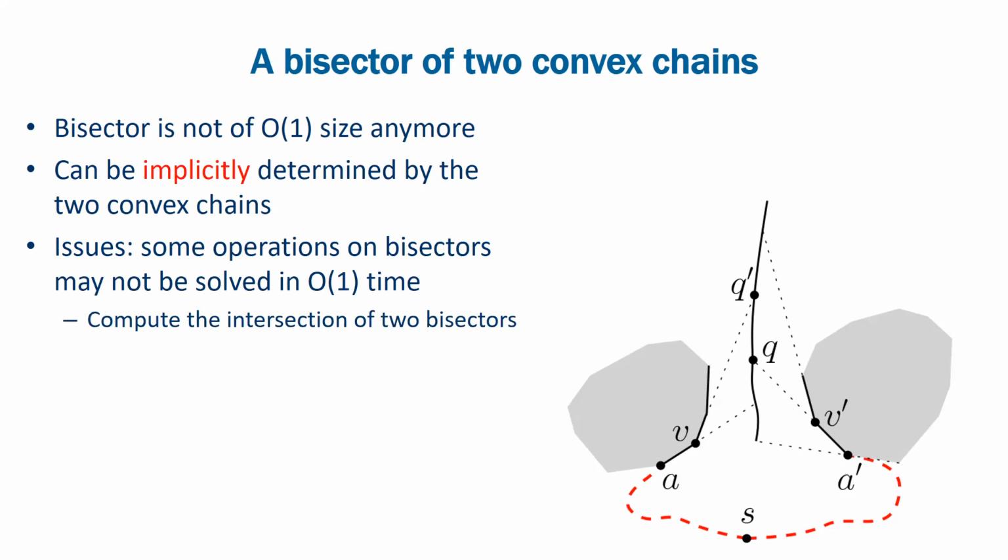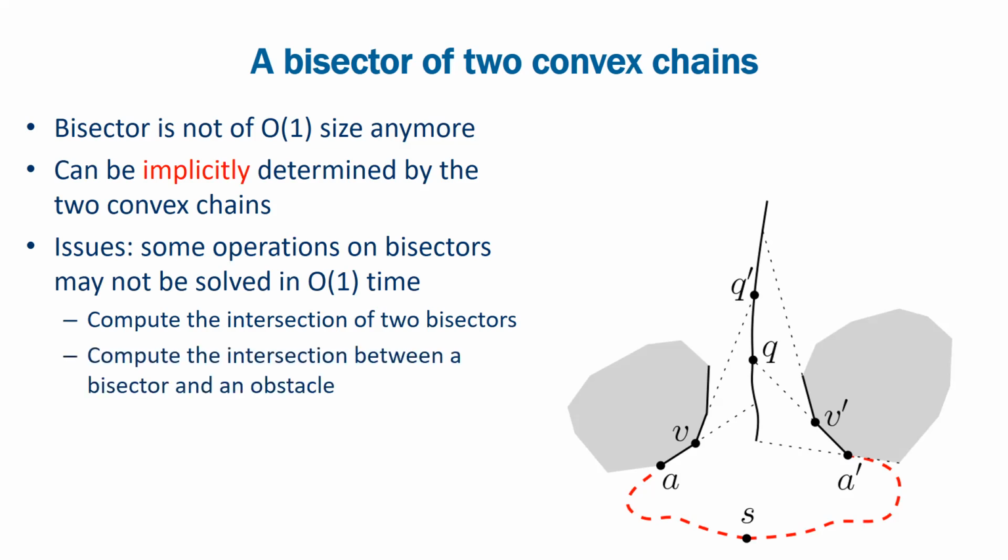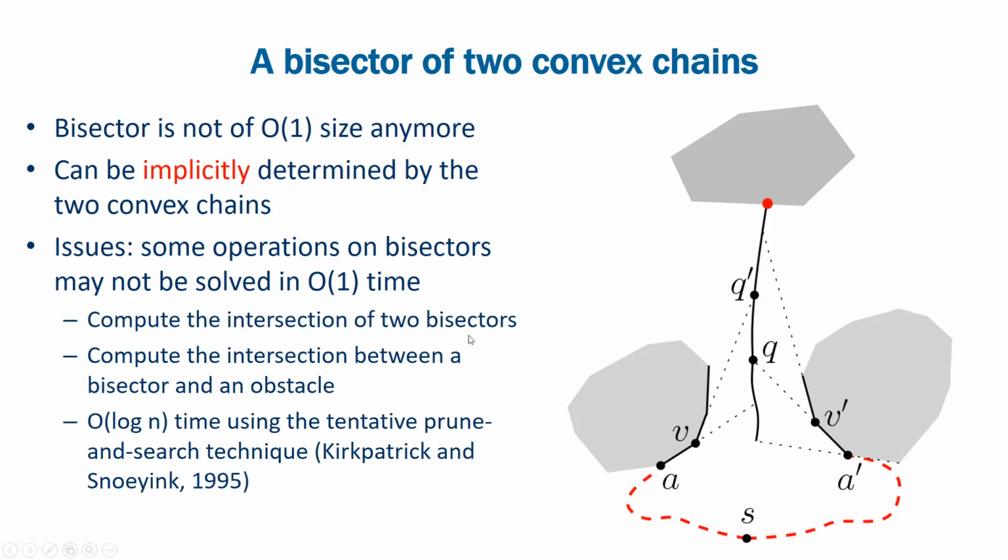For example, computing the intersection of 2 bisectors was a constant time operation in the original HS algorithm, but now it's not. Also, computing the intersection between a bisector and an obstacle is not constant time either. But we use the tentative point search technique, and we can perform each operation in log n time.